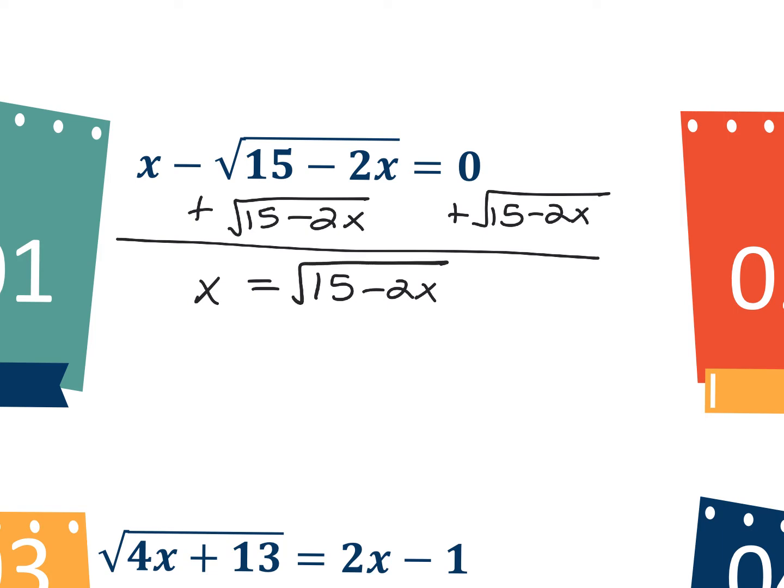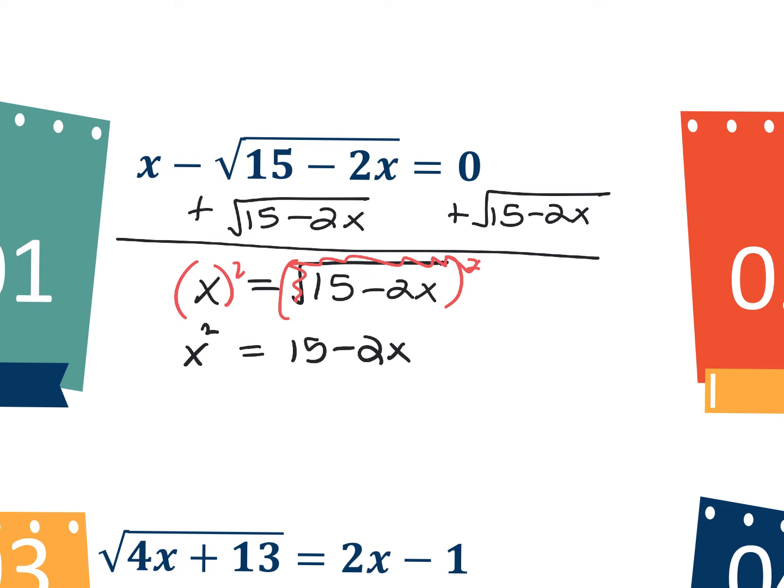Step number 2, square both sides. By squaring this radical, it cancels it. So squaring this makes the radical disappear, and now I'm left with x squared is equal to 15 minus 2x. And now I can solve this.